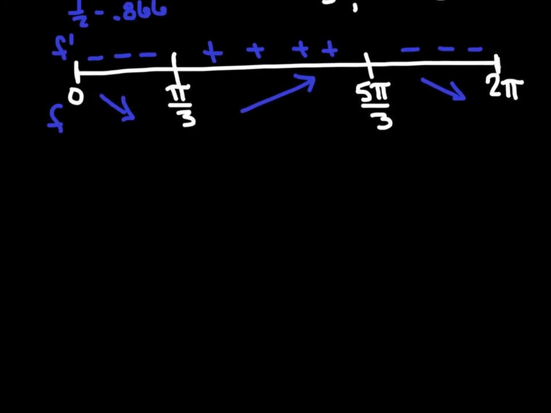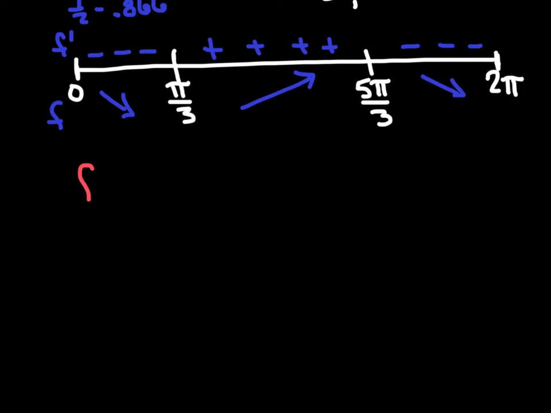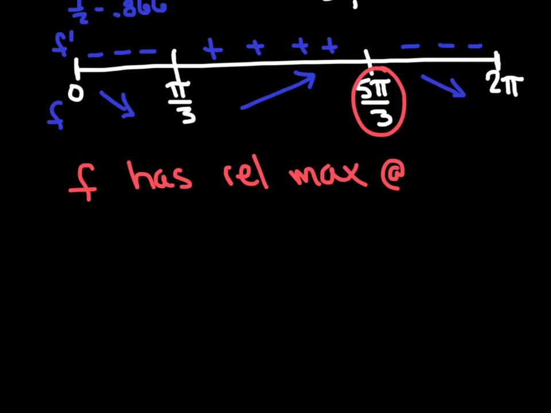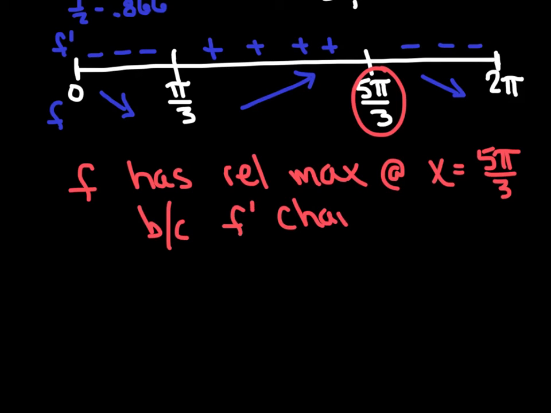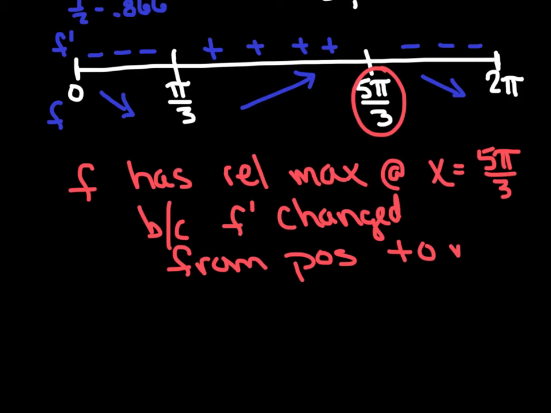So to put the finishing touch on it all, we could say f has, let's see, I'll start with my relative maxes. Where is my relative max? At this guy right here. X equals 5 pi over 3. Because, why? F prime changed from positive to negative.